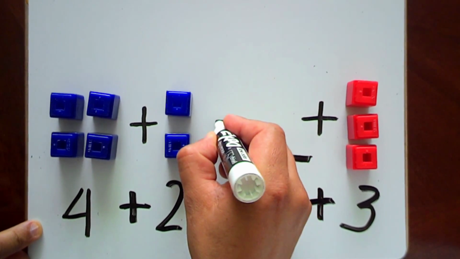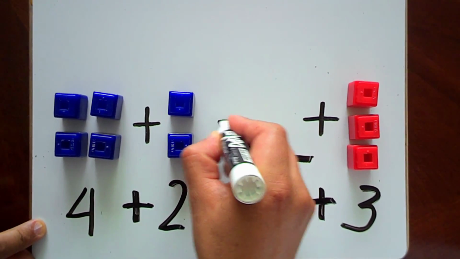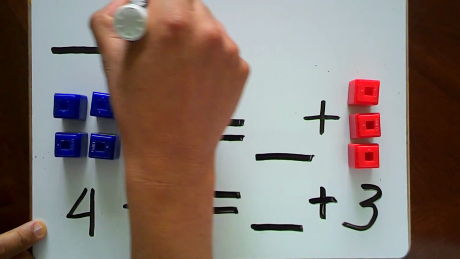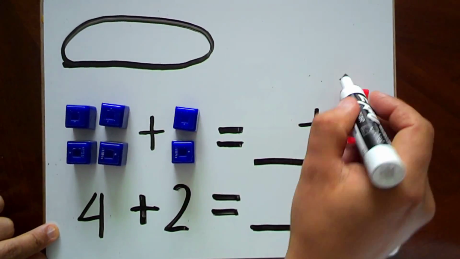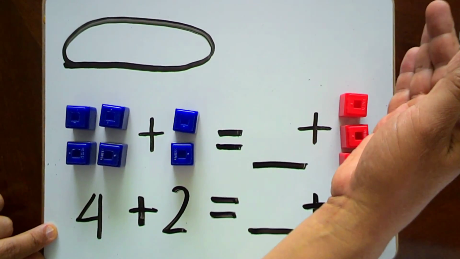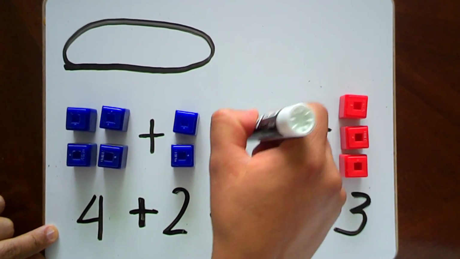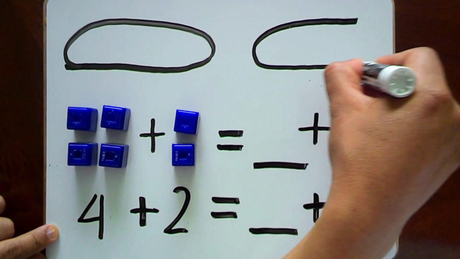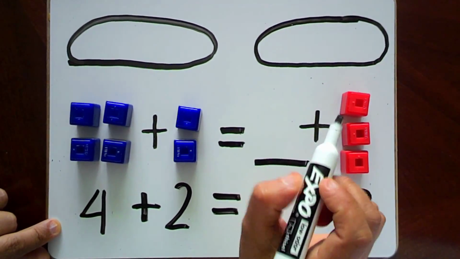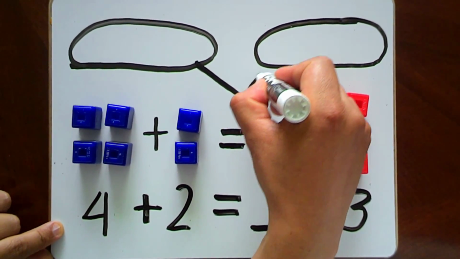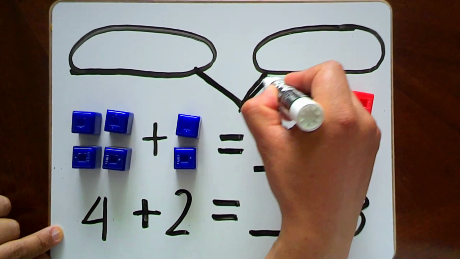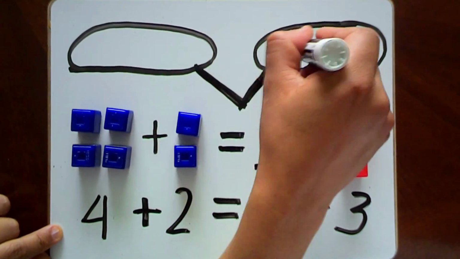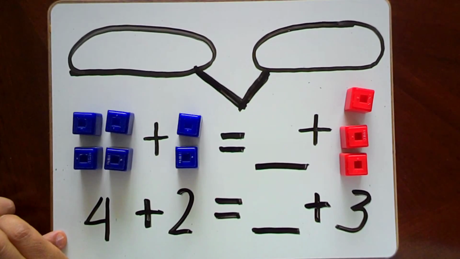And remember, if we are comparing this to a balance scale, this will be one side of the balance scale. The other side of the equal sign will represent our other side of the balance scale. And just like the balance scale, each side needs to have the same quantity.